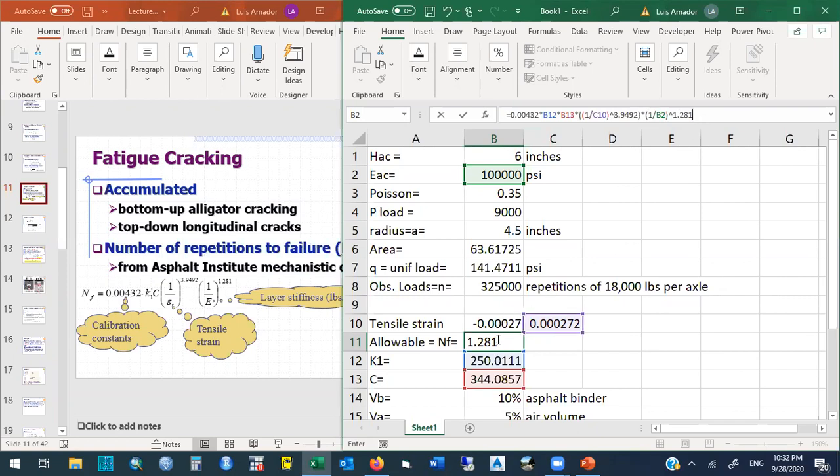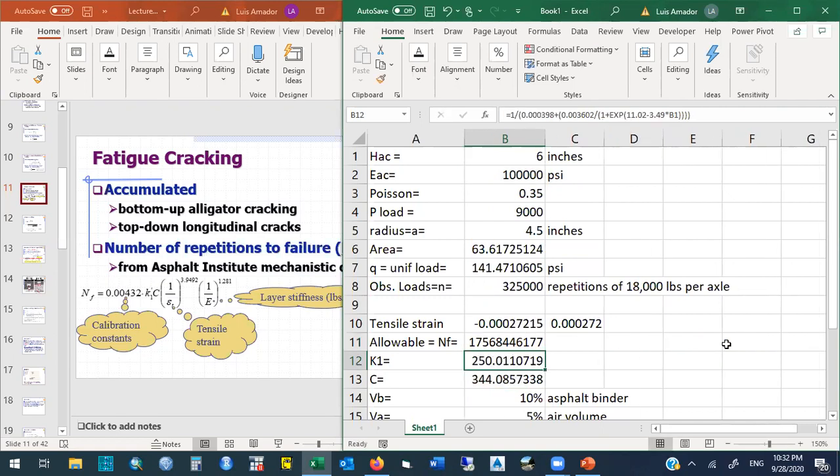Just trying to check here. This closes here, and it's to the power, I close here. And I need another parenthesis probably here. Okay, I think that should be right.